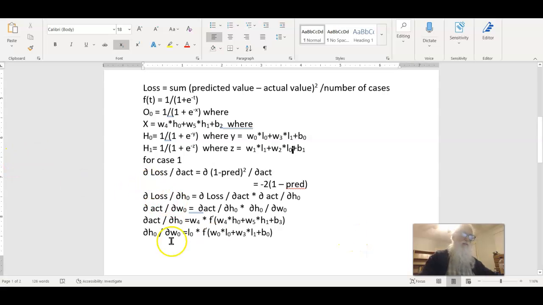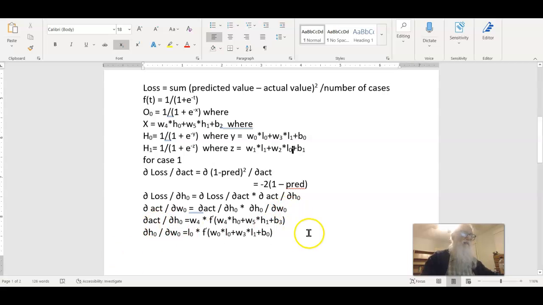And that's what we're going to do. We get the loss over the actual times the change in the actual based on H0, and the actual based on H0 times the change in H0 over W0, which is what I want.